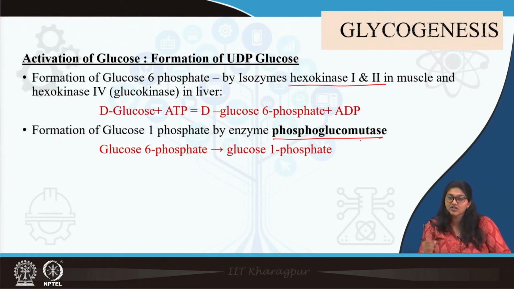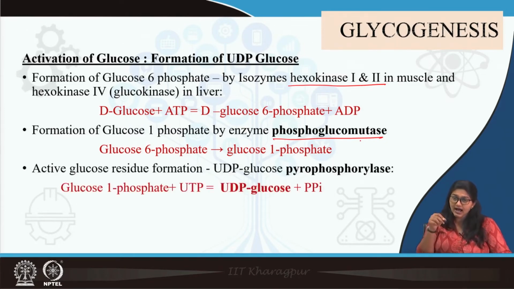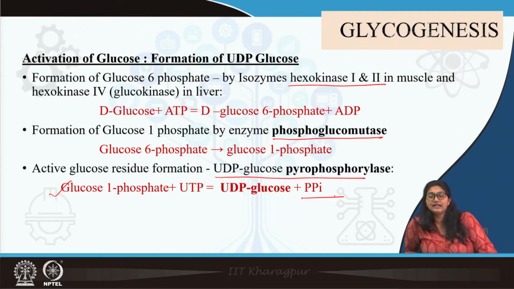This glucose 1-phosphate once again is the ultimate substrate which forms the activated glucose with the help of the enzyme UDP glucose pyrophosphorylase, where glucose 1-phosphate reacts with UTP to form UDP glucose and pyrophosphate is released.